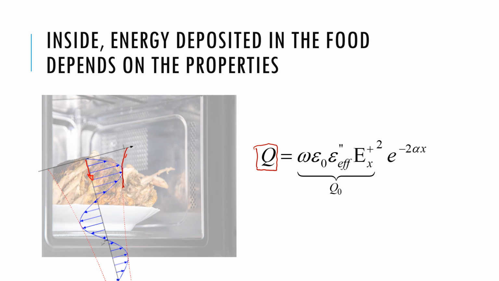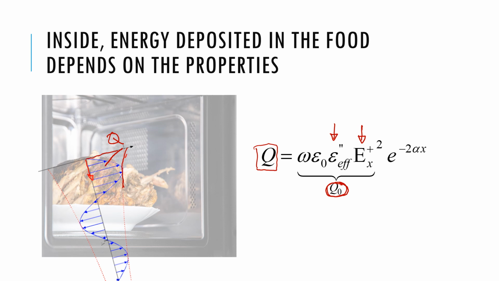So first of all, let's look at this part, the terms in the front. We see that the heat generation depends on its value at the surface. From the surface, it decays. The heat generation decays. So this is my Q decaying. The value at the surface depends on the loss, and it also depends on the electric field in the food, but at the surface.